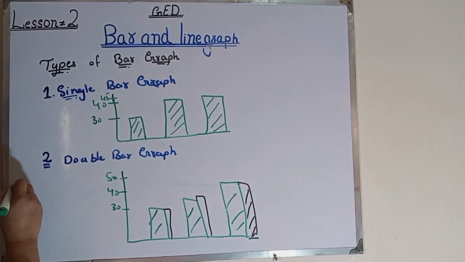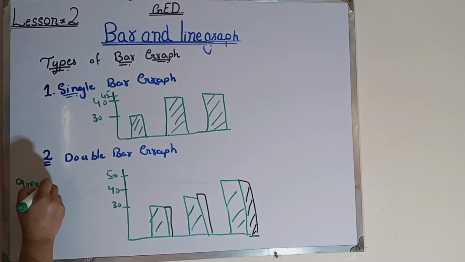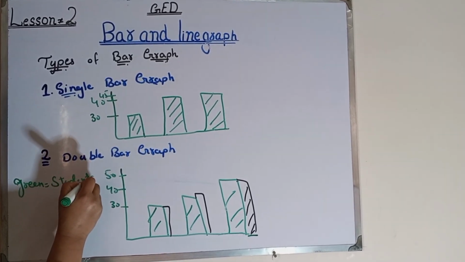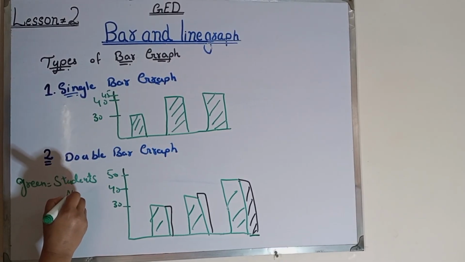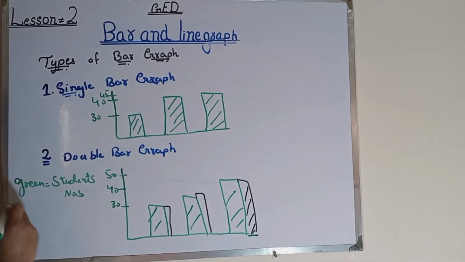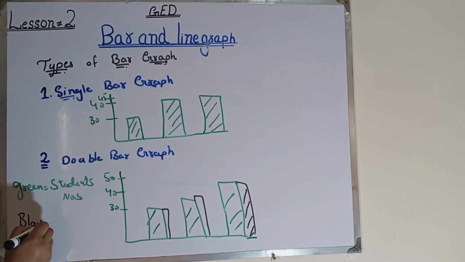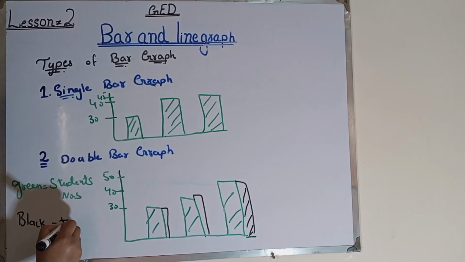So it's about two colors, just like this, in which green color for students numbers, and black color for teacher performance.